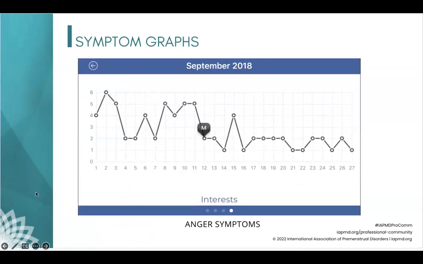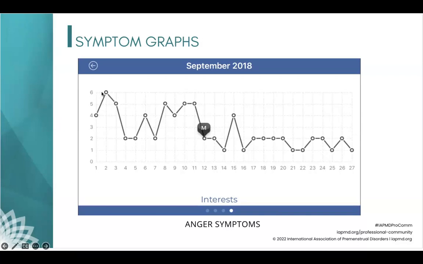So here's just an example of the symptom graph that Prementrix will spit out for you. Let's say this is anger symptoms, right? And you can see that this is someone who is showing this clear premenstrual worsening, following this PMDD pattern, where we're seeing that they have moderately severe all the way to very severe anger.